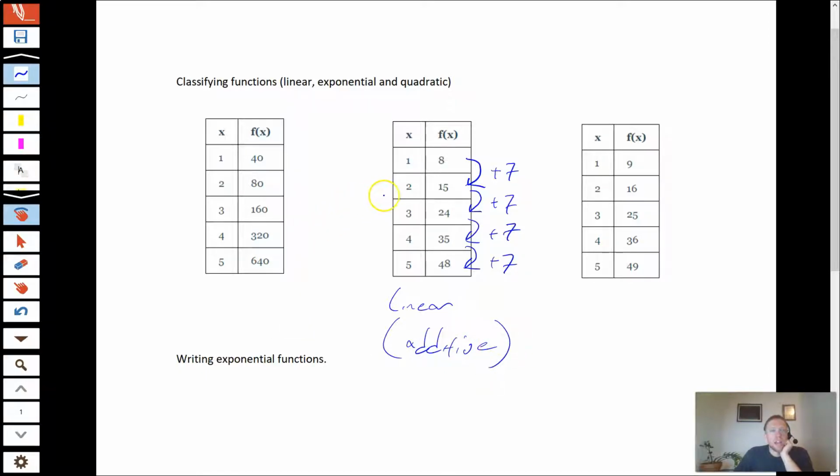Okay. And then my exponential function: if linear is an additive relationship, an exponential function is a multiplicative relationship. So I'm going to add that to our notes up here.